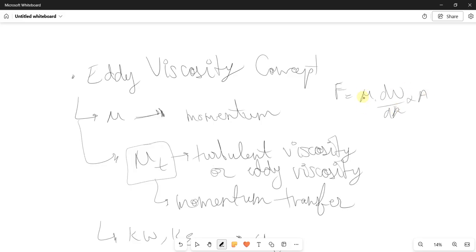So this viscosity is causing a force that causes the momentum. So here what Eddy realized, or just assumed, is that there's something called turbulent viscosity which causes a turbulent force which causes the momentum that causes turbulence, right? And for any flow, any model of turbulence, that is k omega, k SST or k epsilon, you have to find nu t, that is your eddy viscosity, first. So hopefully that is understood.